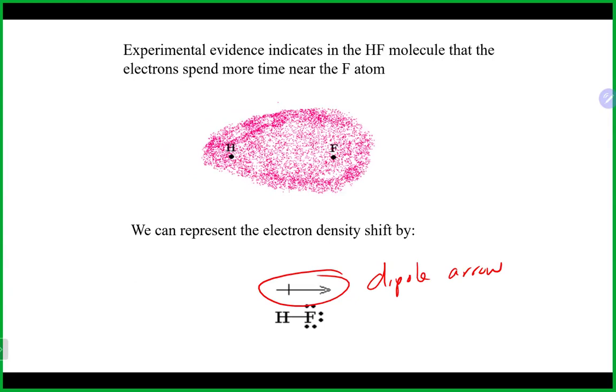What's that? Oh, over here? Yeah, no, it's just representing the electron density in a really bad picture, trying to show that a lot more of the pink electron density is hanging out over there by the fluorine versus the hydrogen over here. And that's what creates the partially positive charge over here and the partially negative charge over there.